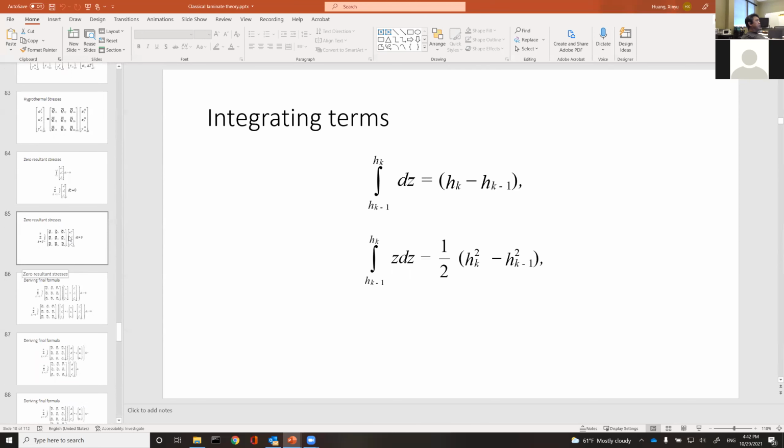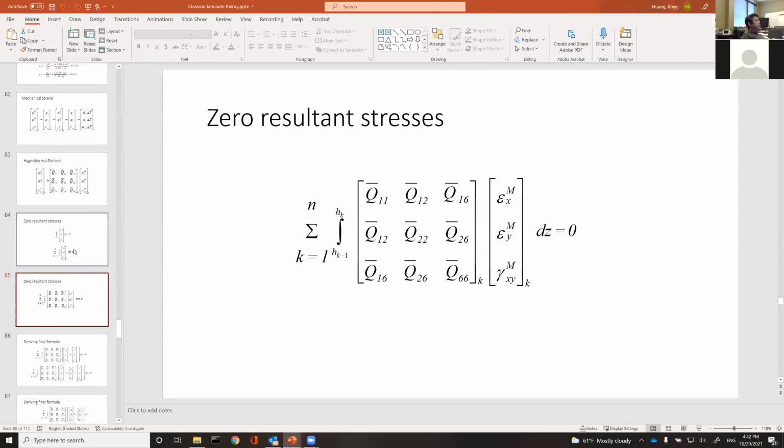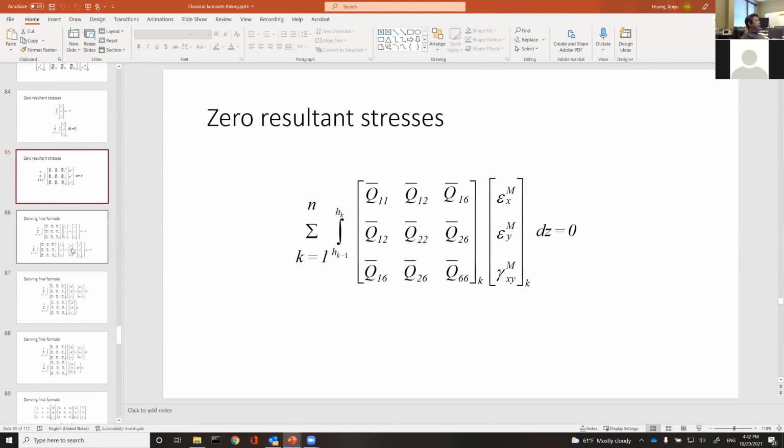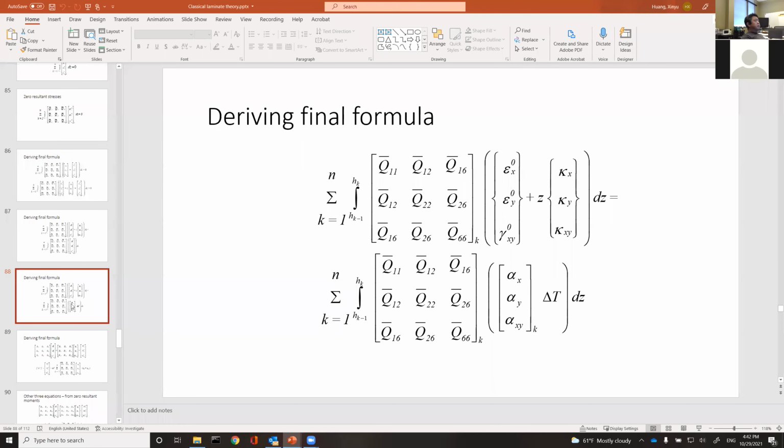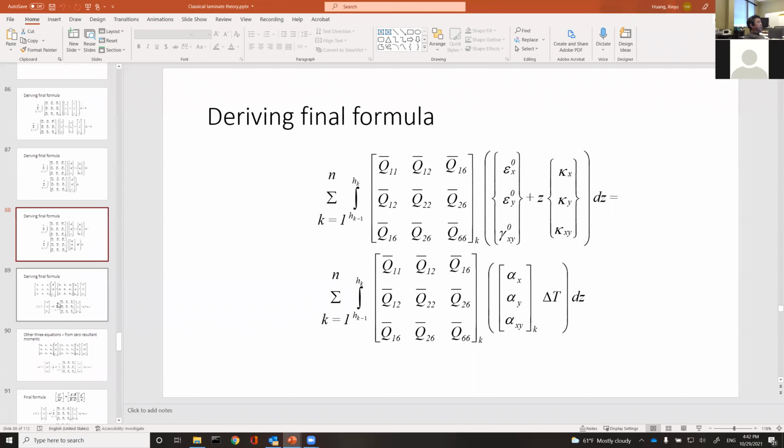So you start with alpha, which defines the lamina expansion property in the 1-2 direction. You start with that, which involves alpha 1 and alpha 2, basically. And then you transform alpha into the XY coordinates.